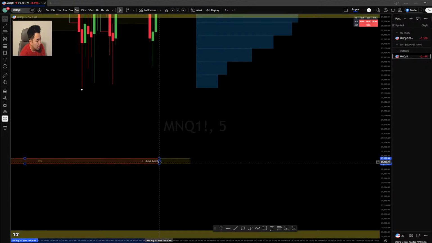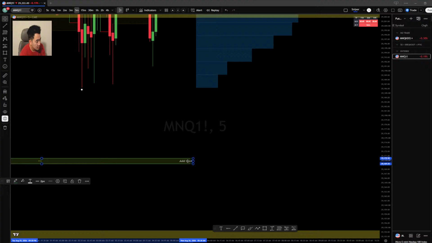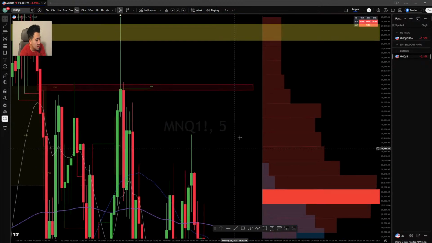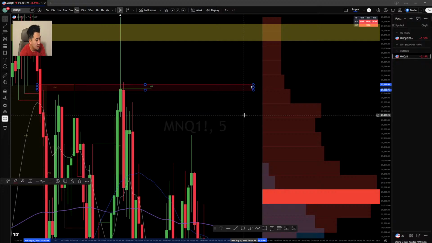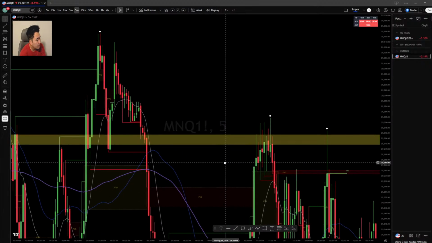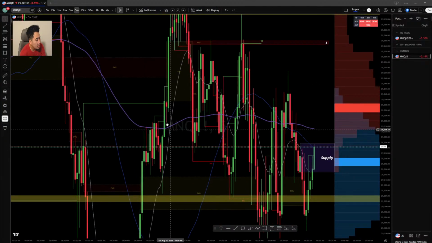Bullish gap. For a 5 here, saying just so we know it's a 5 minute gap and not 1 minute. Same thing here. I think that looks good.